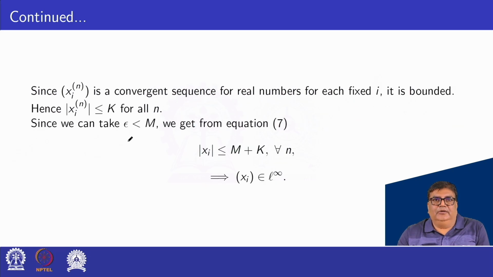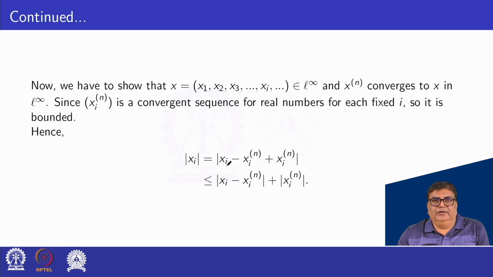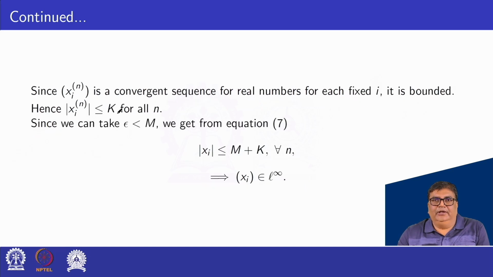This portion from equation 7 is less than epsilon, that is M, plus x_ni, which is also bounded by k. So mod x_i is less or equal to M plus k, both positive real numbers. So mod x_i is less than infinity. This implies that x belongs to L infinity.